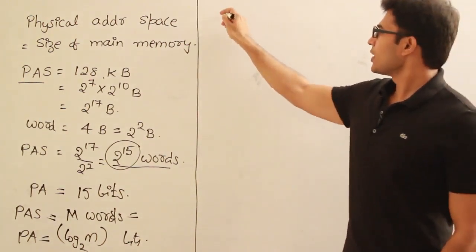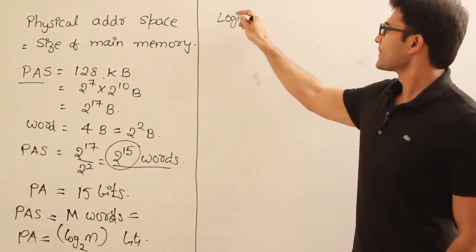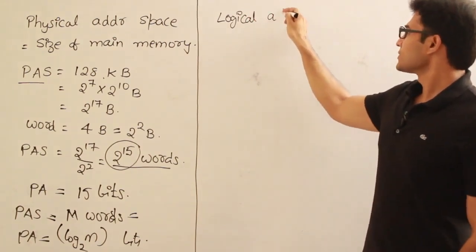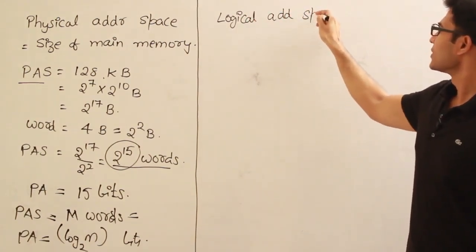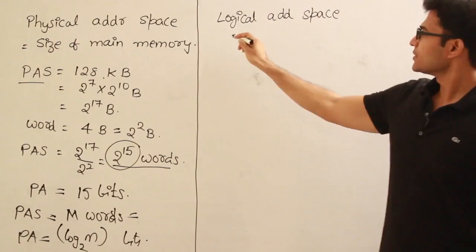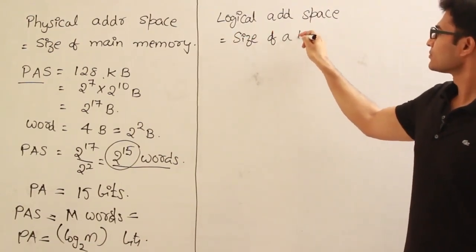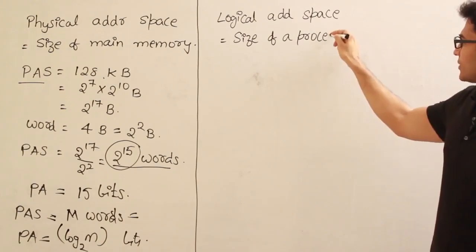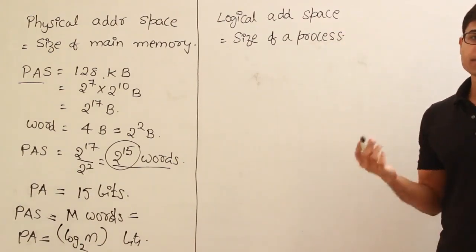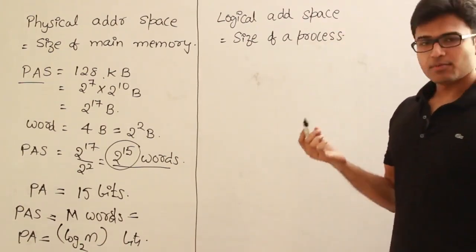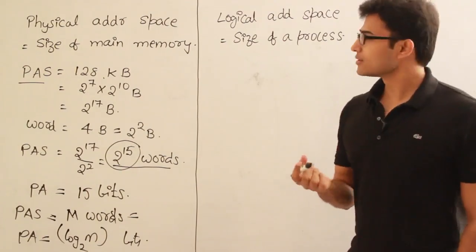So next one is called logical address space. What is logical address space? It is equal to the size of a process, and this number varies from process to process because every process can be of different sizes, right?